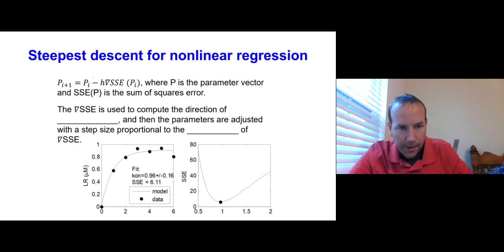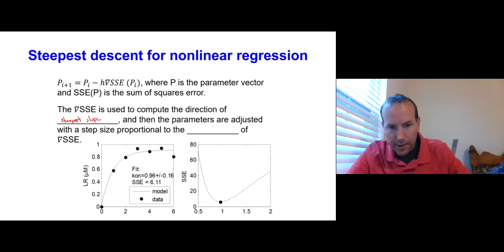It's just now we've got a minus sign instead of a plus, so that's going to help this find minima rather than maxima. The basic idea is that it computes the direction of steepest slope, and then the parameters are adjusted with a step size proportional to the magnitude of the gradient.